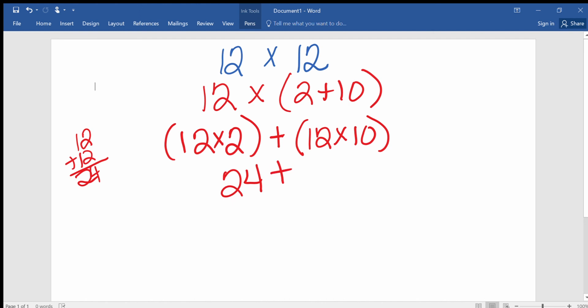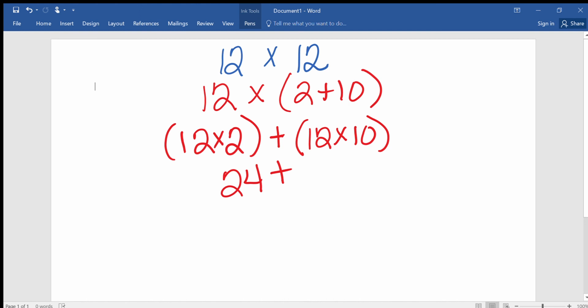Now, here we go. You're probably saying, I don't remember what the zeros trick is. Whoops, my eraser's not working. I don't remember what the zeros trick is, so I'm about to show you. So 12 times 10.